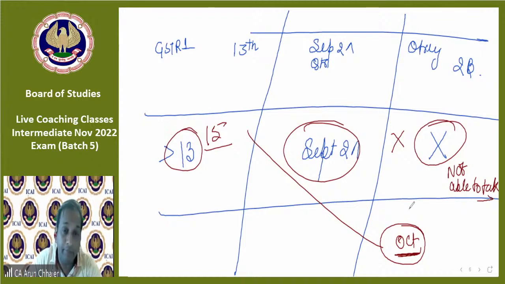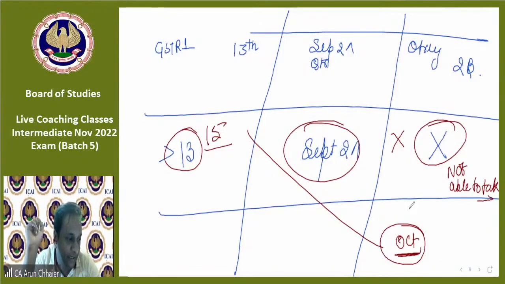You may see, the transaction would appear in 2A only when the supplier has filed the GSTR1. But whether it is by the due date or after the due date, it will appear in the same month. Absolutely correct, 100% correct.